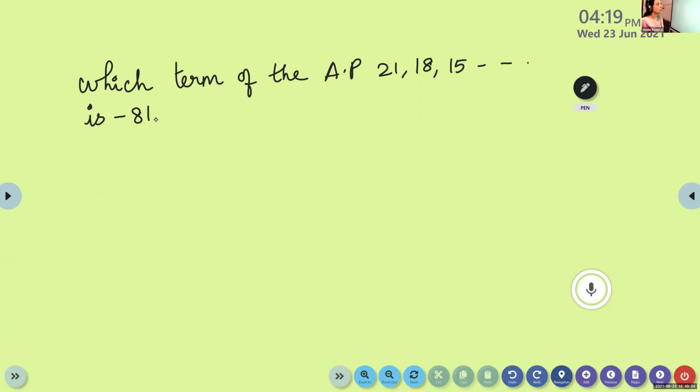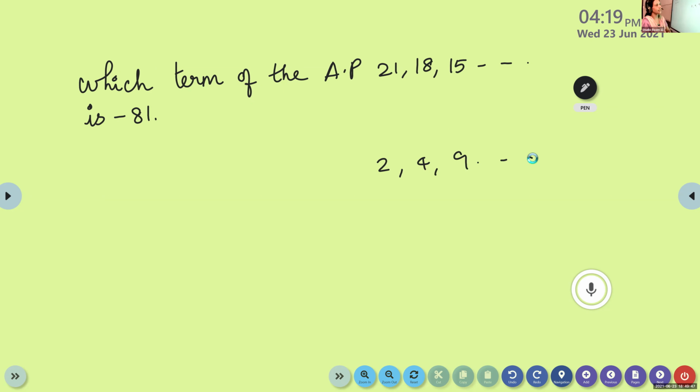Which term means what we have to find here? Suppose I write numbers like this: 2, 4, 9, and so on.